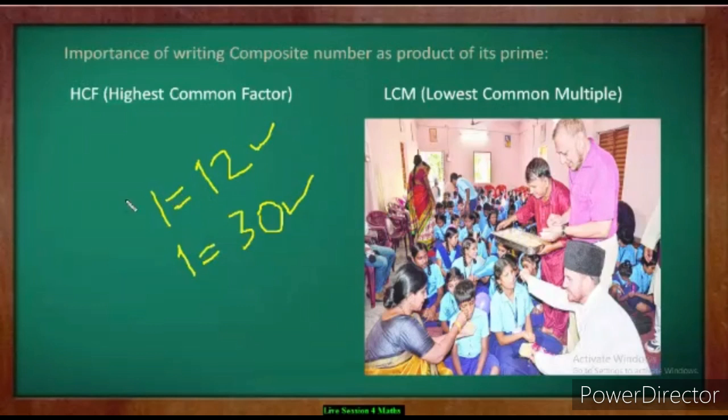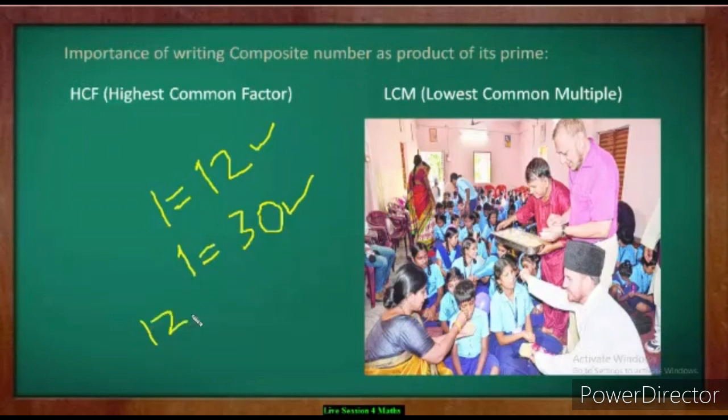Now what is the minimum number of packets of sweets and the minimum number of packets of snacks you will purchase so that every child will get an equal number? So we have to find the lowest common multiple of these two numbers. How to find this?